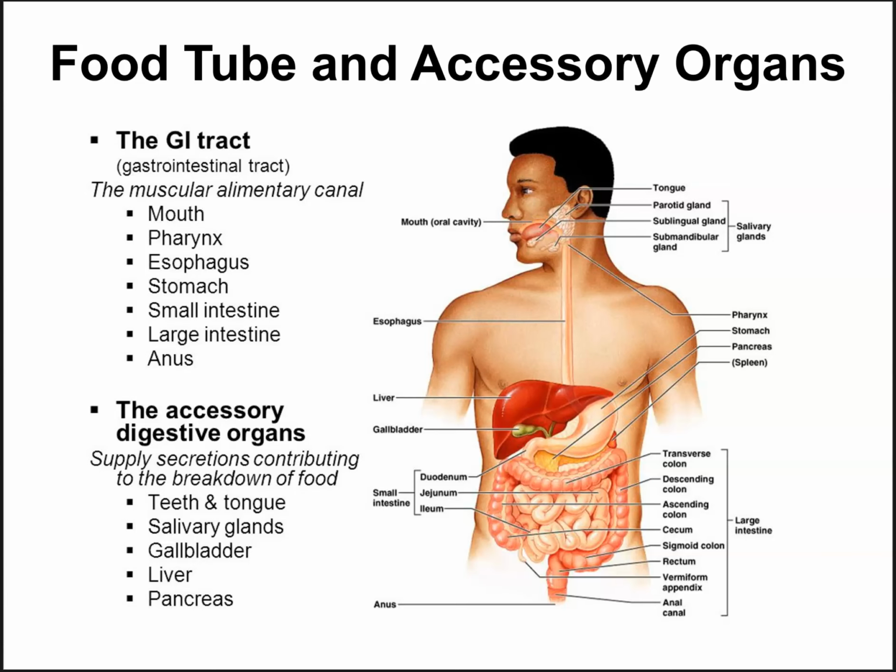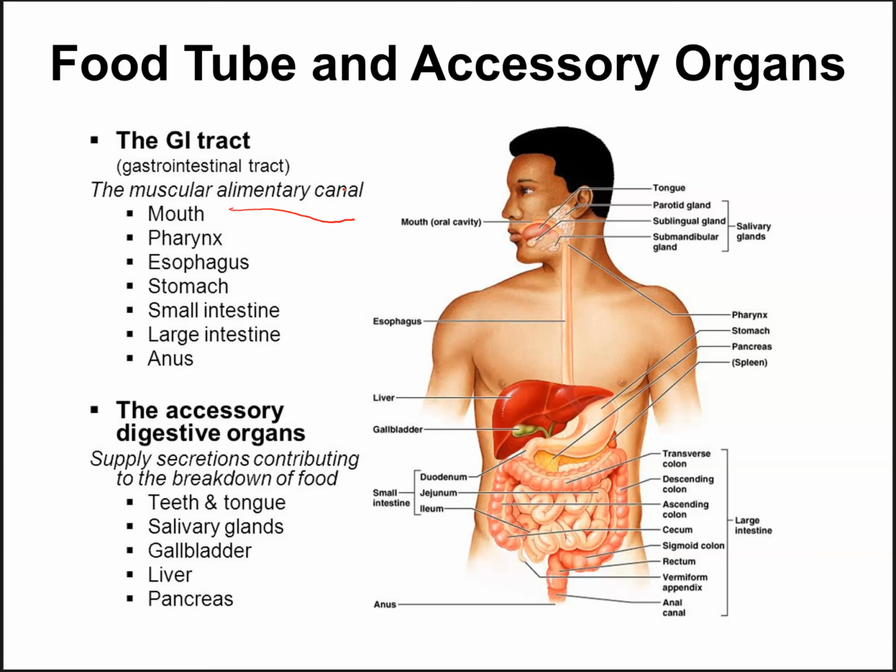It's called the alimentary canal as well. And it includes the mouth, pharynx, esophagus, stomach, small intestine, large intestine, and the anus. So the digestive system is an open tube because it's open at both ends. It's open at the mouth and it's open at the anus.